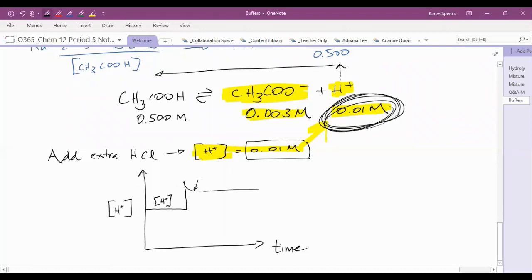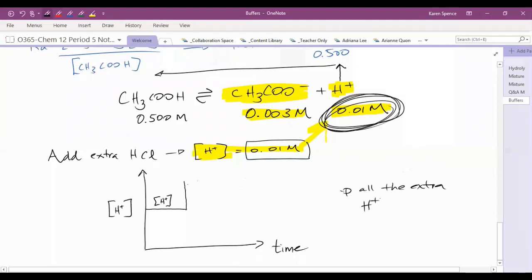Right here, we run out of CH3COO minus. There was not enough to absorb all the extra H plus.